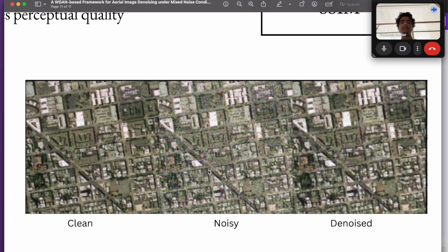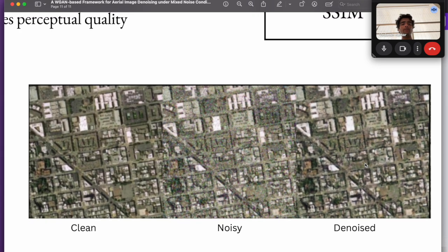The noisy image has some green, blue, white colors which reduce the quality of the image and make it difficult to see the details present in it. Our denoised image is quite similar to our clean image, showing that the structural similarity is maintained and hence validating our metrics.